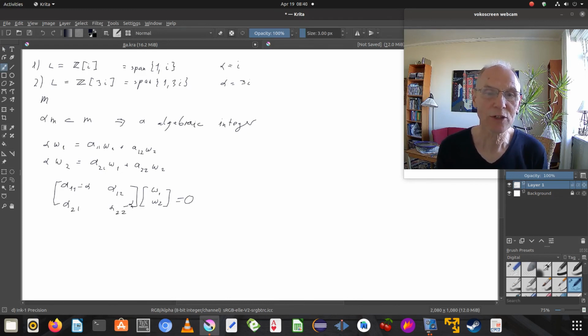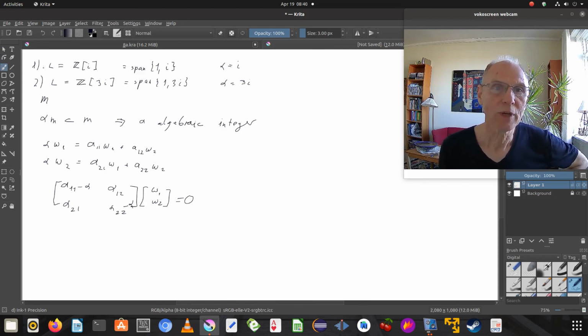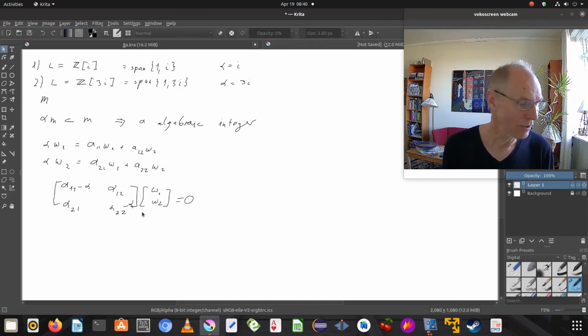So it means alpha is not only a quadratic extension of the rational numbers, it's actually an integer in some quadratic extension of the rational numbers. And then, of course, if we are a lattice in the complex plane, then it must somehow involve the square root of a negative number. So that was the solution to problem C.